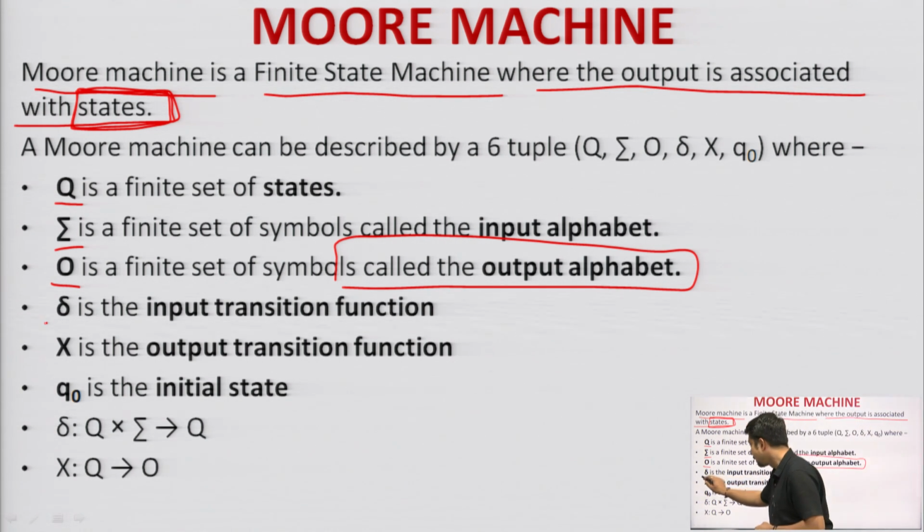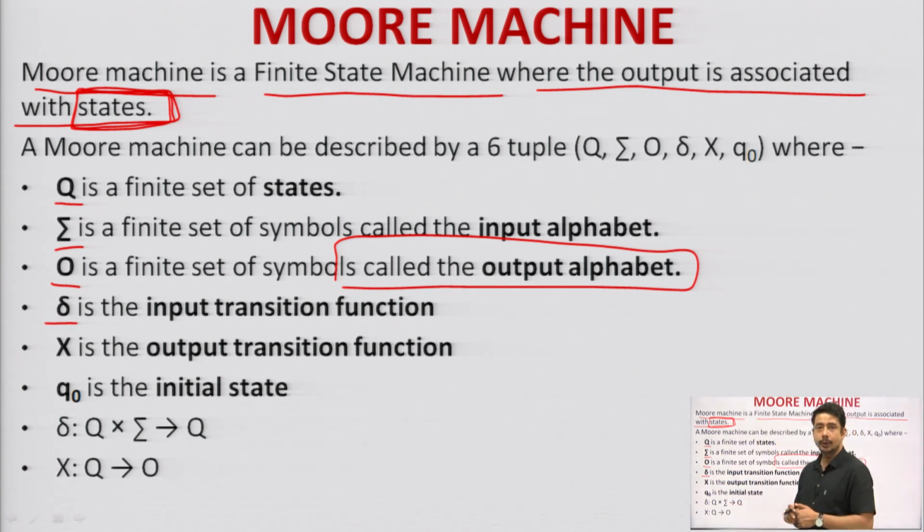Next comes your transition function. Delta we already know, this is your input transition function. Here we will define it as an input transition function, and we will have one more, capital letter X, which is nothing but the output transition function.